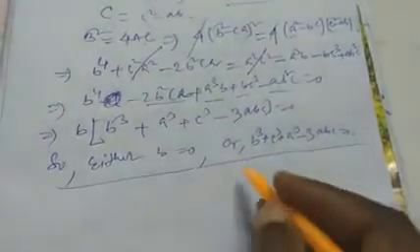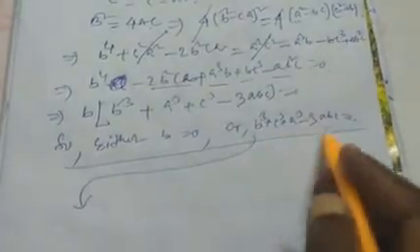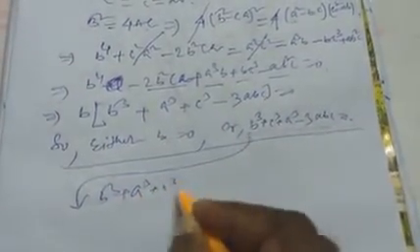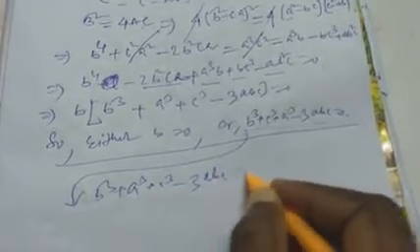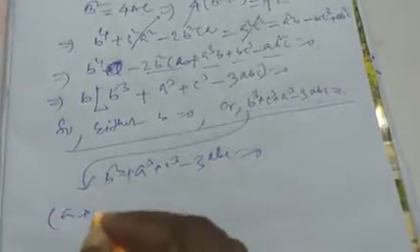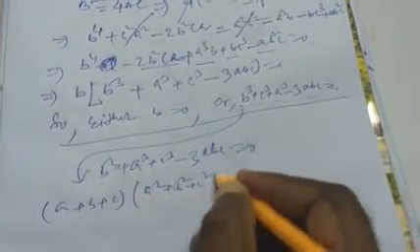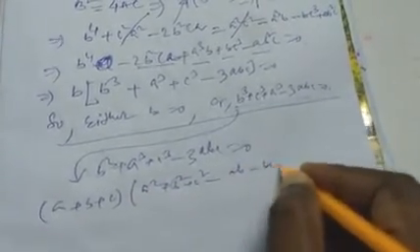Let's see another condition for another problem. The factor of a cube plus b cube plus c cube minus thrice abc will be (a plus b plus c) and (a square plus b square plus c square minus ab minus bc minus ca). But this is not a part of this question, and this is already verified.